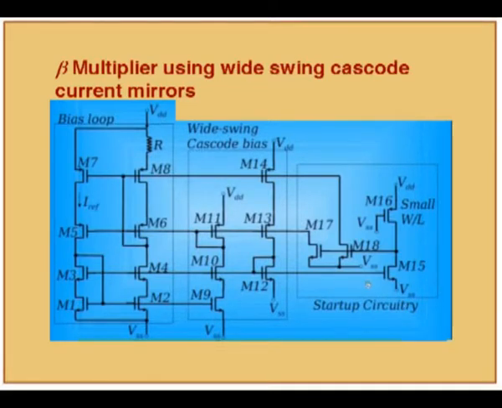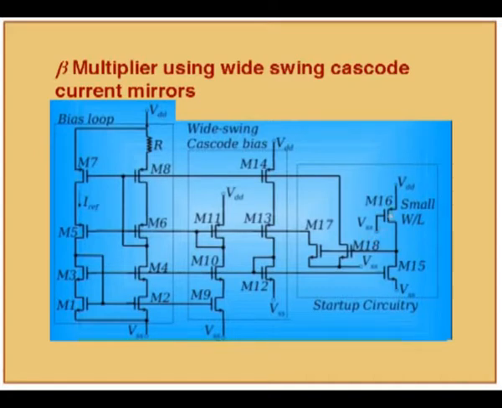How does it work? Suppose this circuit has entered that dead bias point, so all transistors are off. When they are off, the gate voltages of the NMOS transistors are very low, and the gate voltages of the PMOS transistors are very high. Because this is low, M15 is off.